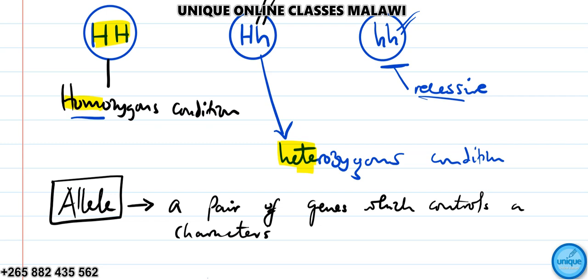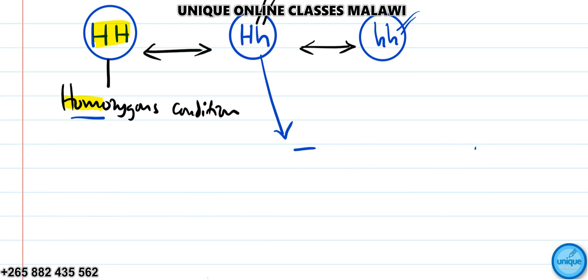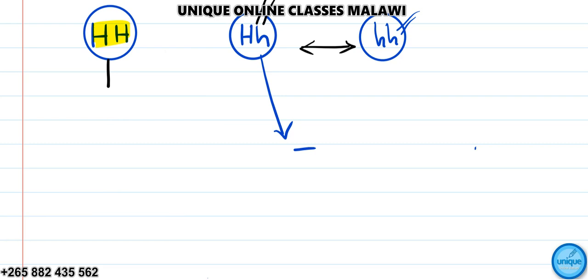So let me also introduce another term. Let's talk about phenotype and genotype. Seeing how genes combine to control a character is what is called genotype.